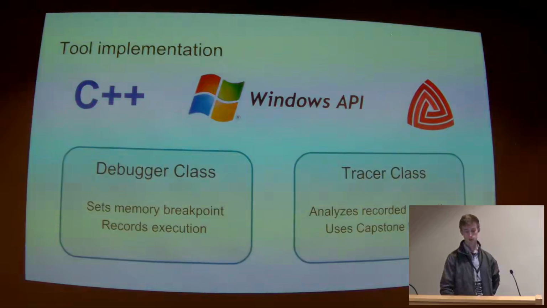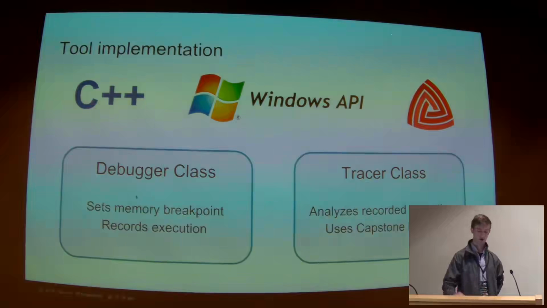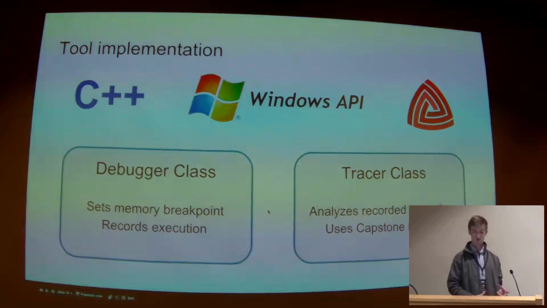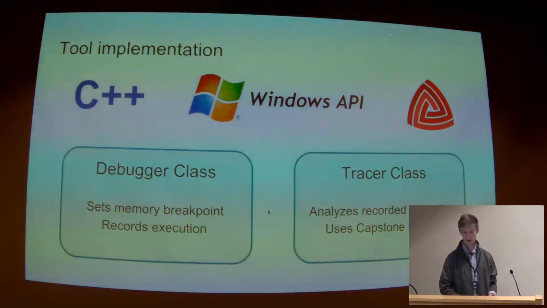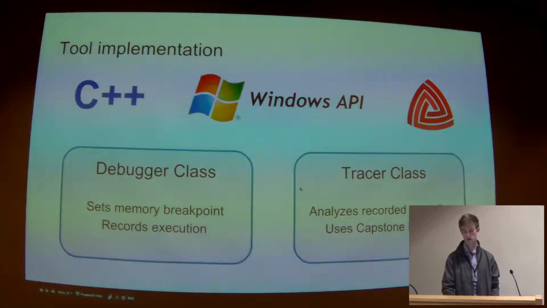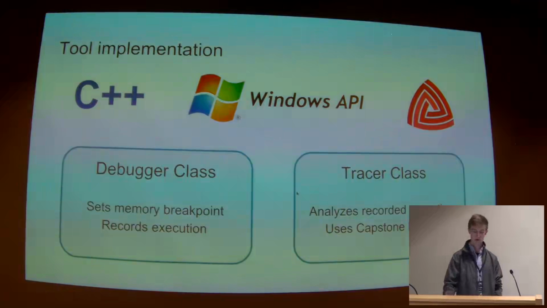At that point the debugger records the instruction that was just executed, and stores all of those instructions until the memory breakpoint gets hit, at which point the tracer class takes over and analyzes the recorded execution using the Capstone engine.